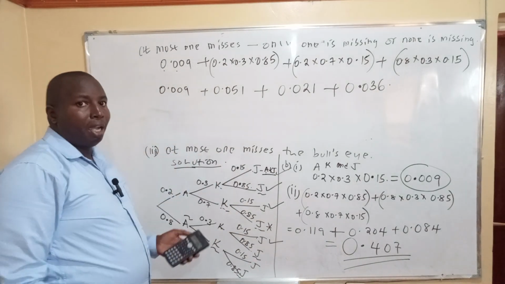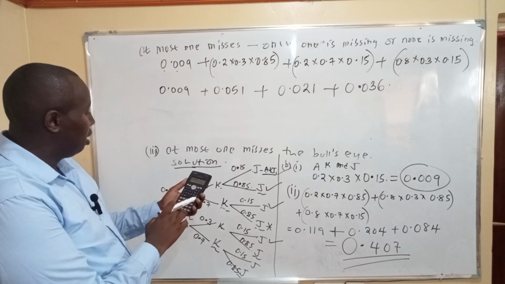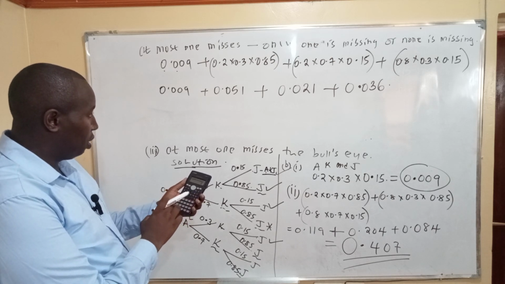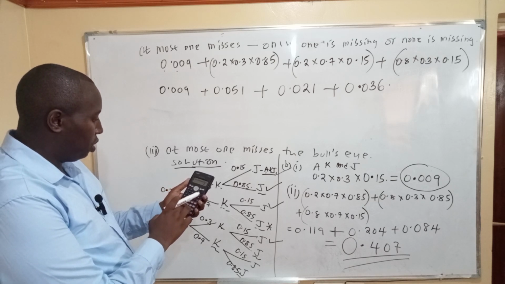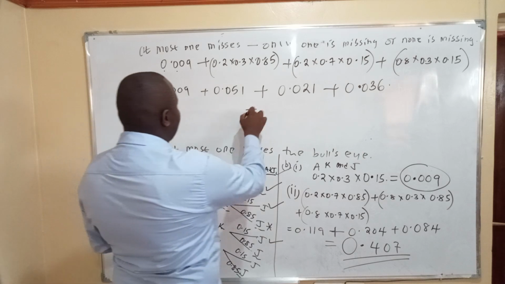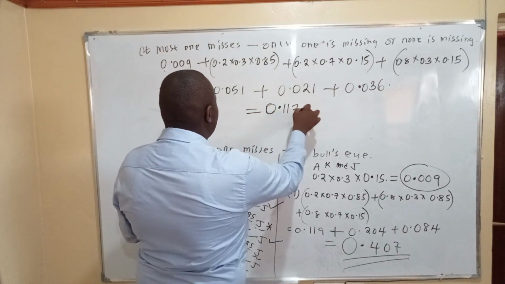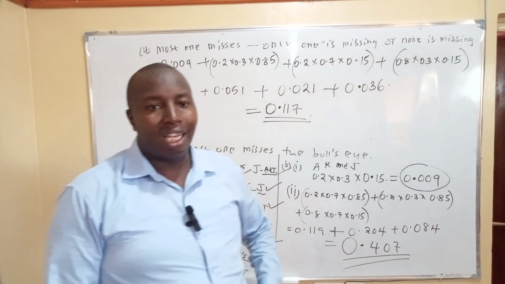Then you add those probabilities: 0.009 plus 0.051 plus 0.021 plus 0.036. And you get the answer 0.117.